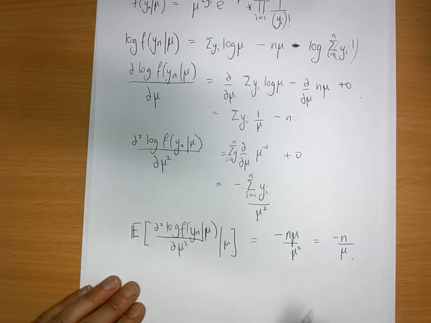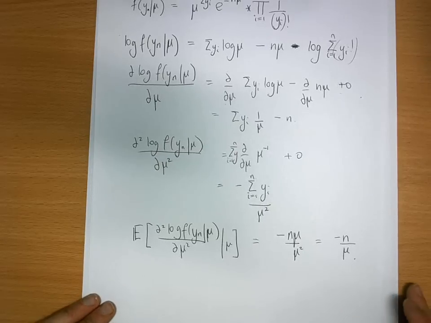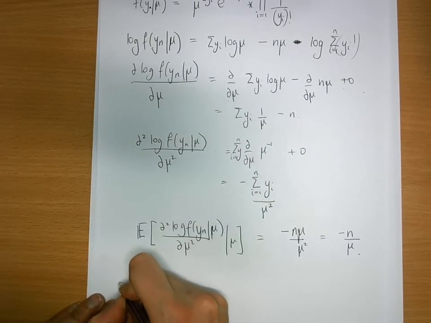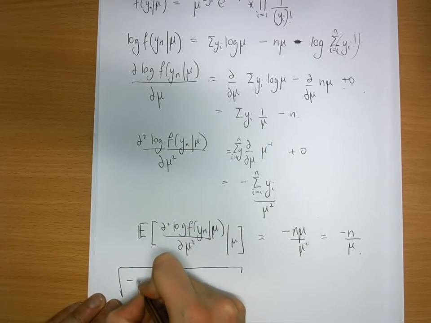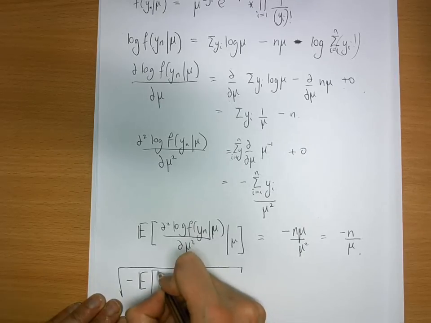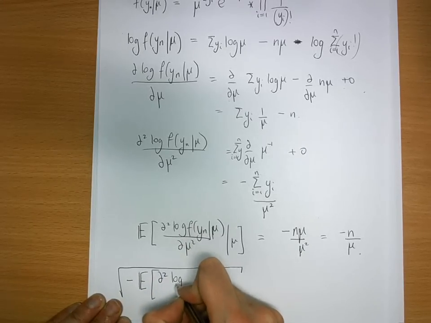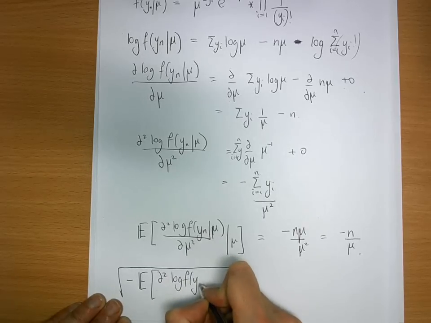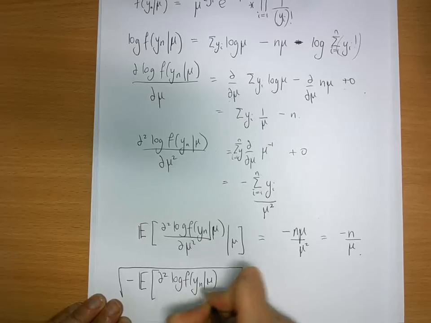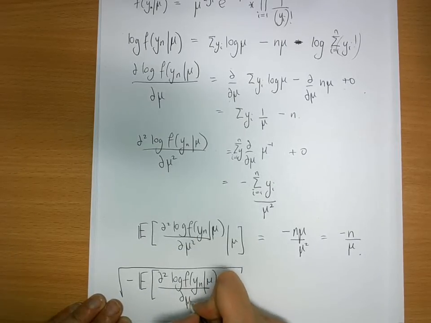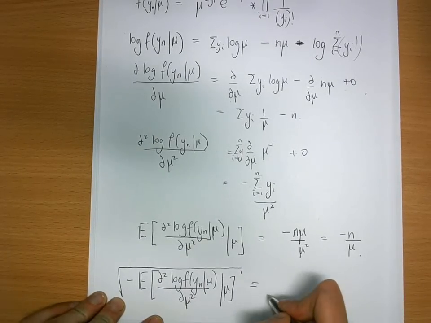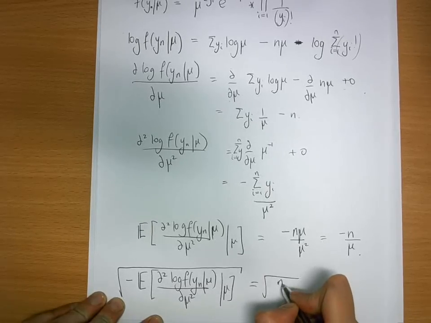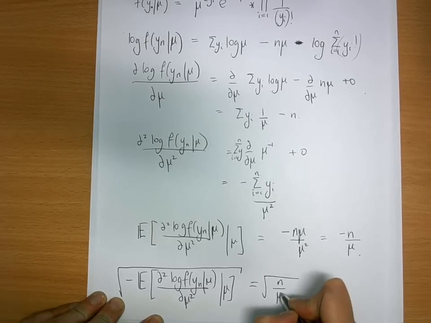And then you're asked to find the square root, I'm going to do this in 2 stages, of minus the expected value of the second differential of the log of the likelihood given mu, which is equal to the square root of n over mu.